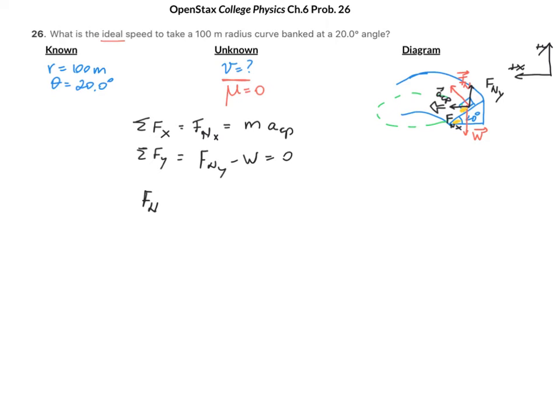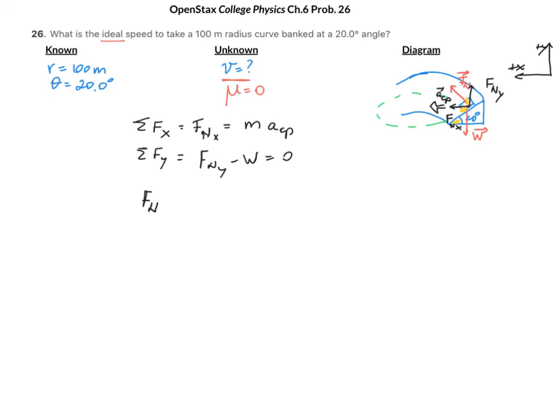But that means this angle plus that angle is also 90 degrees, because the normal force is perpendicular to the plane. Since the x and y components of the normal force also make a 90-degree angle, this angle then is also 20 degrees, not 90 degrees. So those three angles are the same. They are all 20 degrees.